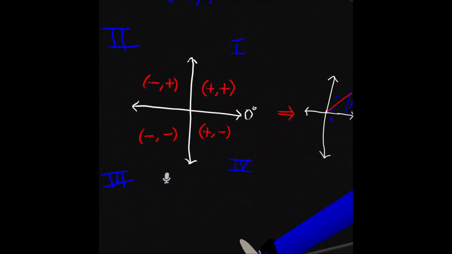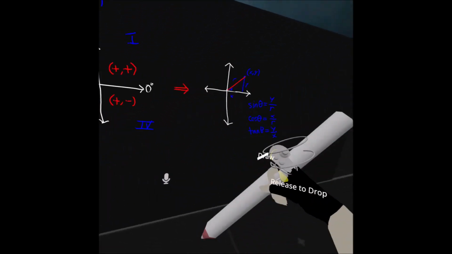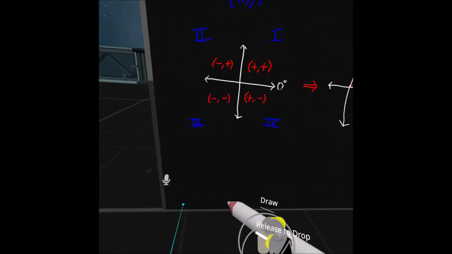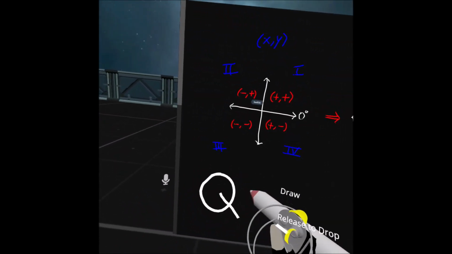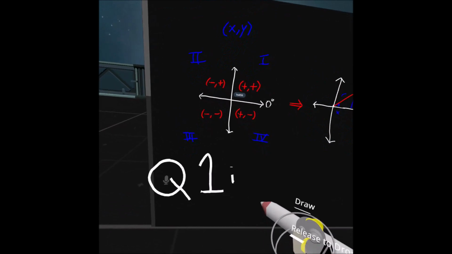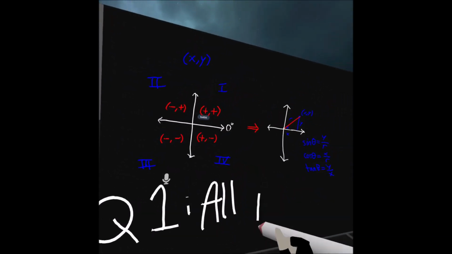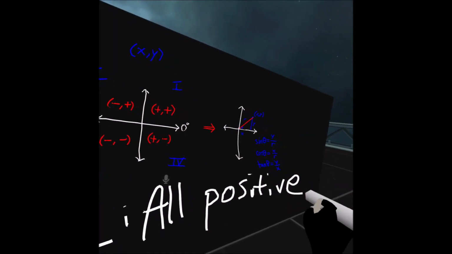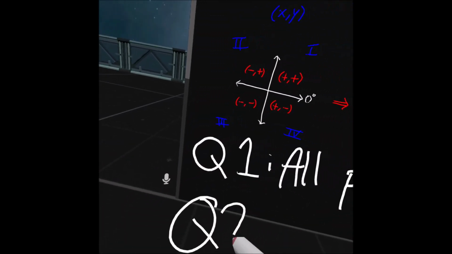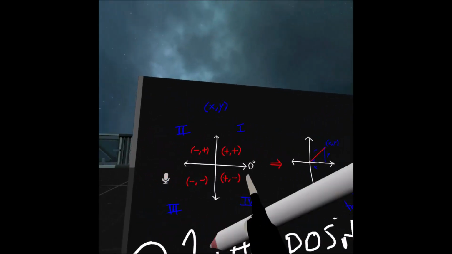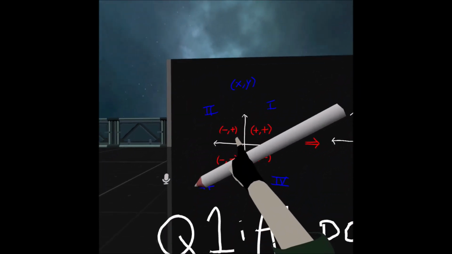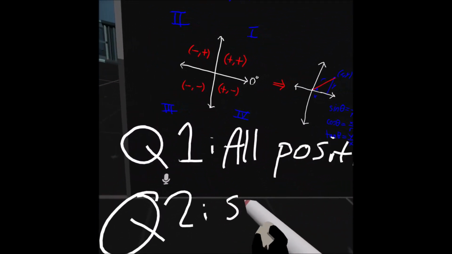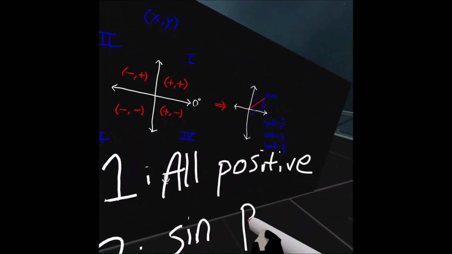So, writing this down, in quadrant 1, all are positive. Okay. In quadrant 2, x is negative, so sine is positive.